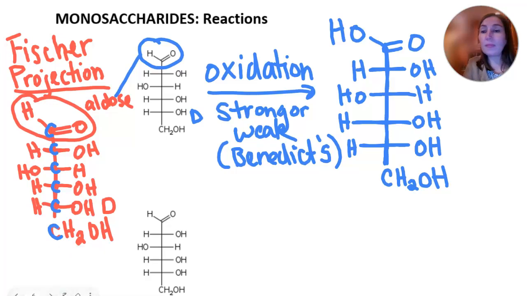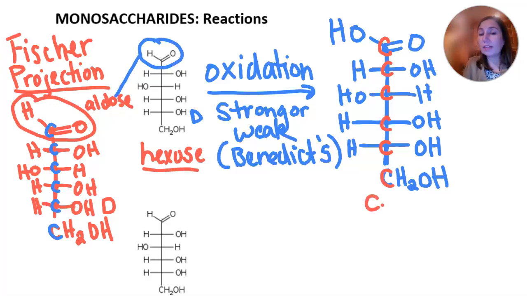And again, our carbons are 1, 2, 3, 4, 5, 6 at those 6 intersections. So that's our hexose, right? So if we were trying to look at what kind of sugars we had, well, we had a hexose. Again, we had our hexose to start, and then we oxidized all the way to a carboxylic acid. So from aldehyde to carboxylic acid.